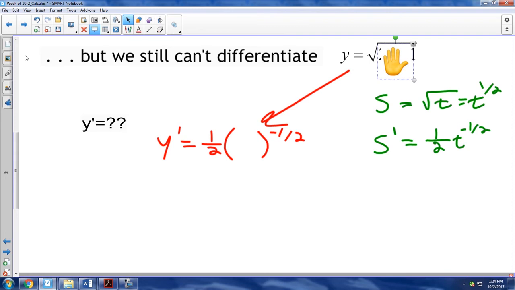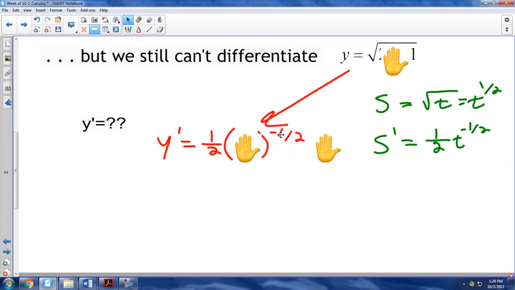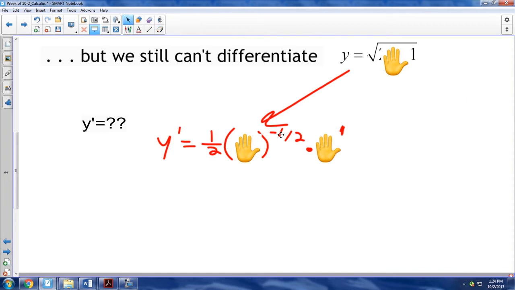So we could actually do that. That would be okay. The thing is that whenever we have this situation, we actually have to multiply by the derivative of hand at the end. That's what's different about this. Okay? So take the derivative of the inside and multiply it by it.